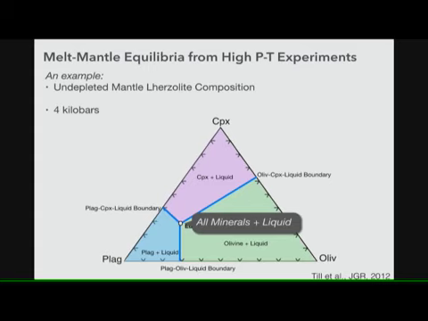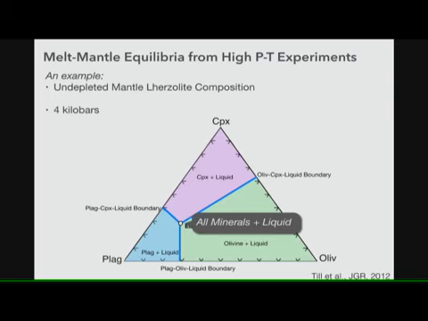It could move along this line, where we have olivine, plagioclase, and liquid stable. It could move along this line where we have olivine, CPX, and liquid stable, or it could move along this line where we have CPX, plage, and liquid stable. And obviously if we move off into one of these fields, we just have the mineral by this end member here and a liquid stable.